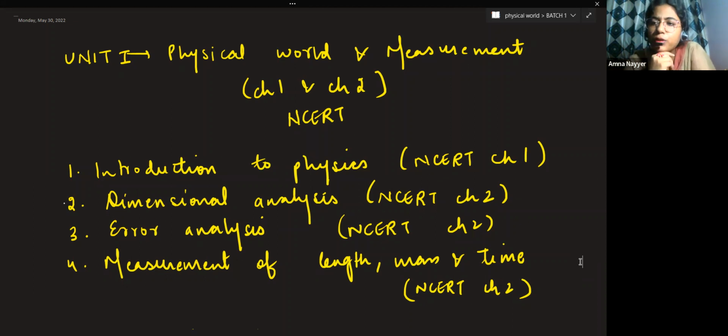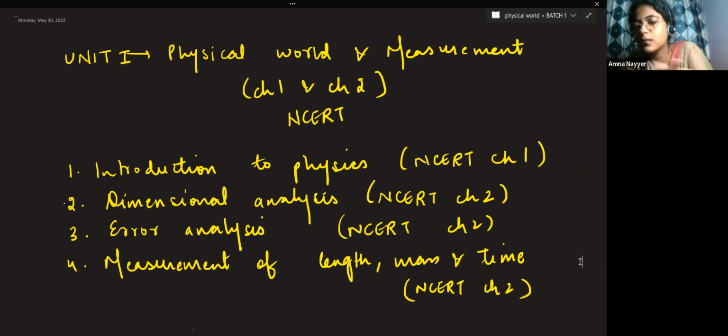Error analysis portion is basically used when you are dealing with instruments, or if you have your classes offline right now, then you must be using these instruments in lab, like vernier calipers and screw gauge. When we use these instruments, it leads to wear and tear, and because of wear and tear, there is always a chance of having error in the calculation. So that portion is dealt in error analysis.